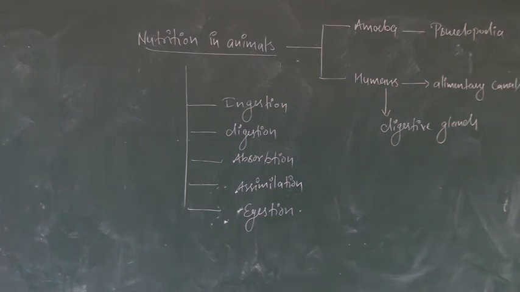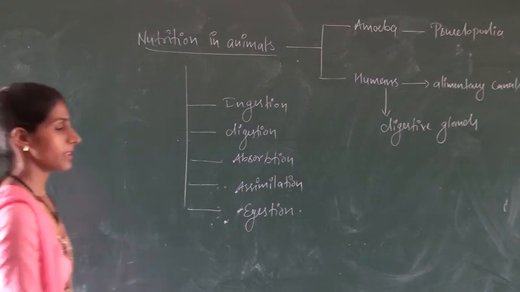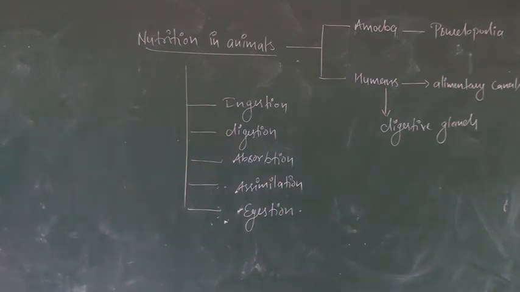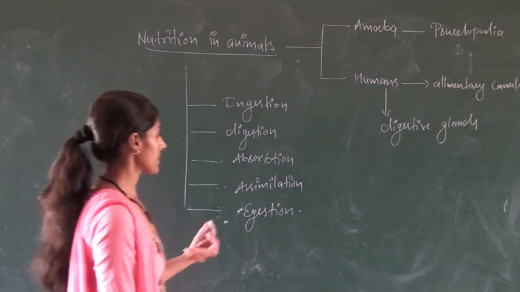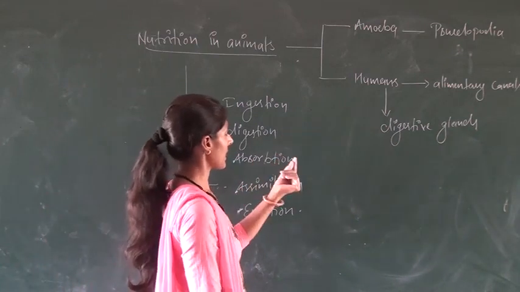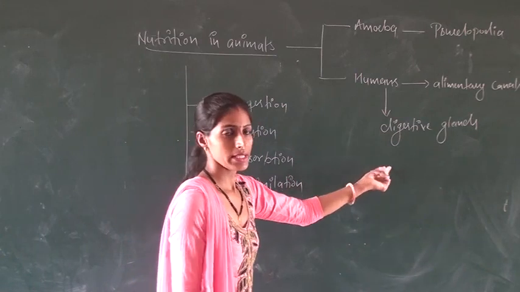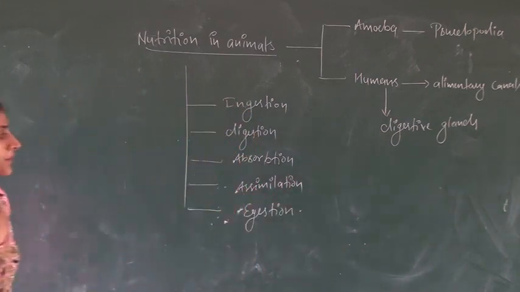Absorption means digested food is passed through the intestinal wall to the bloodstream and then to the body cells. After the absorption of food comes assimilation.